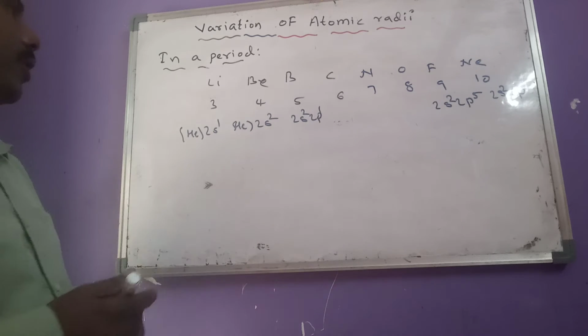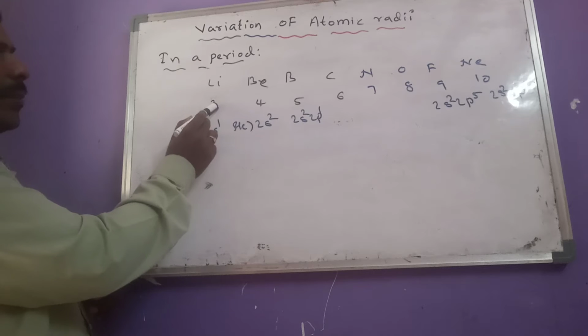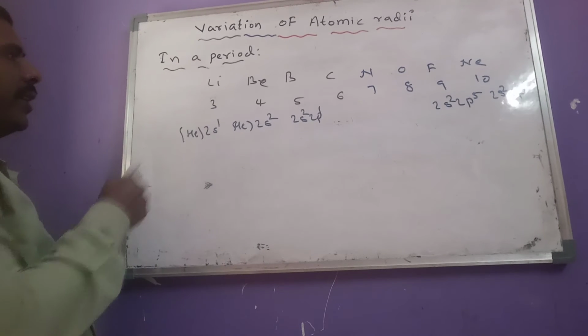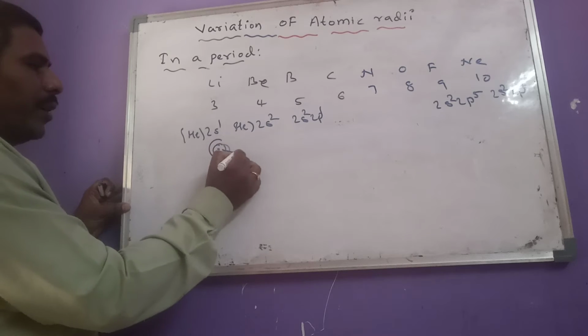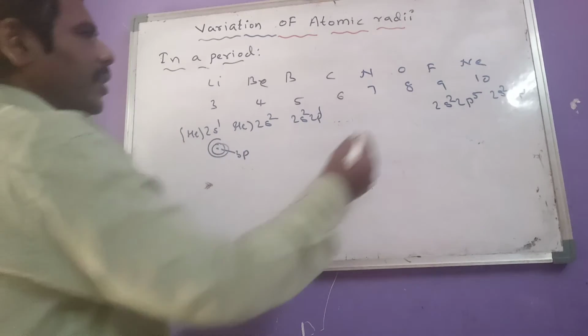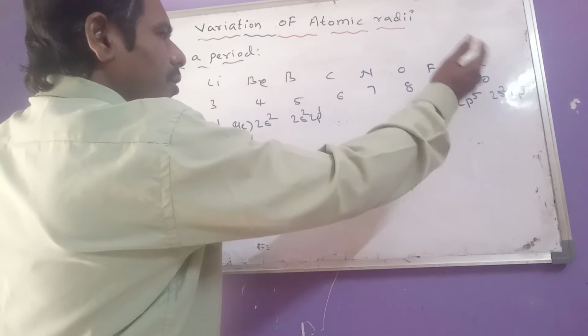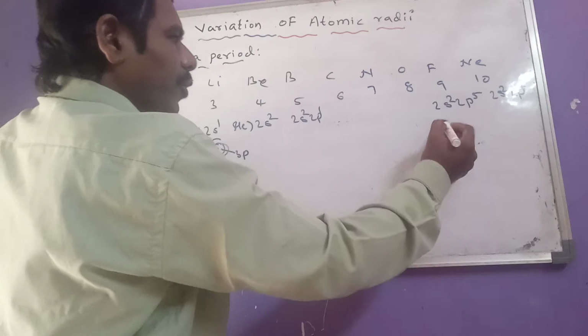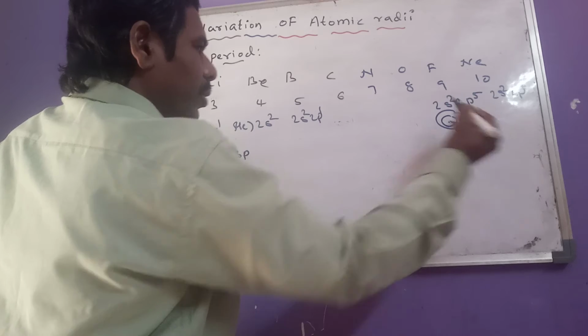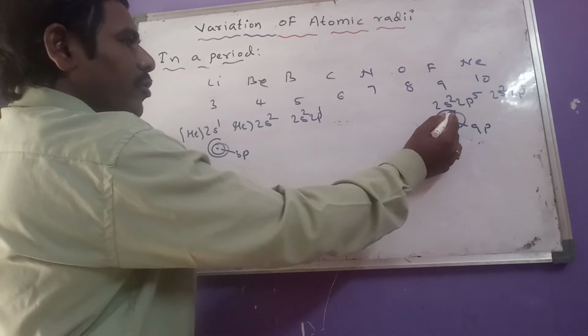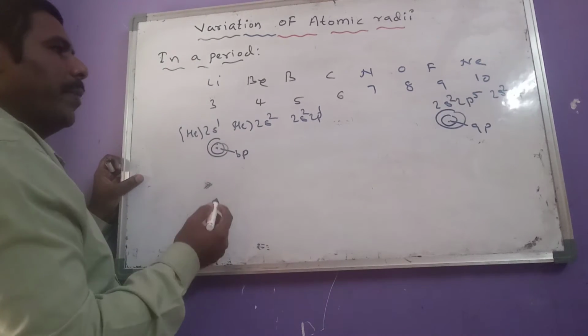But one important thing here: as atomic number is 3, in this lithium nucleus 3 protons are present. Of course, leave neon for some time and come to fluorine. In the case of fluorine, 9 protons are present. Here also 2 orbits, here also 2 orbits.